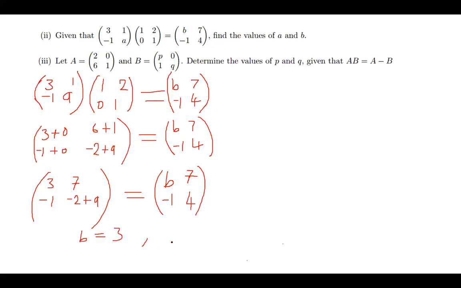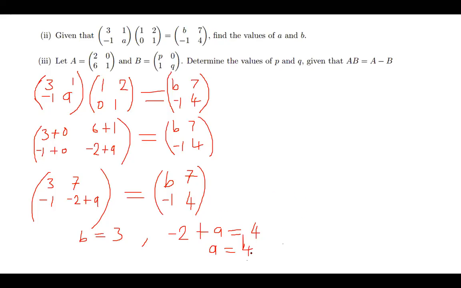And then how do I find A? So I'm going to find A by also equating this -2 plus A to its corresponding entry in this other matrix, which is 2 plus A being equal to 4. So to find A, I'm going to take this -2 to the other side of the equal sign.